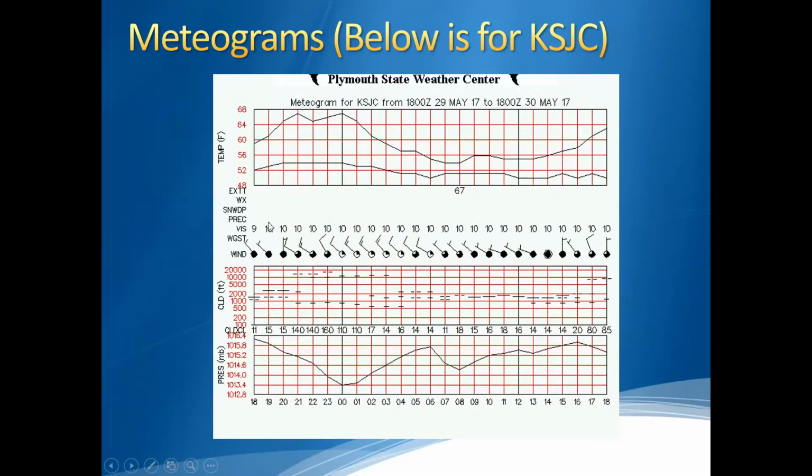This second panel is actually showing us three key things that we need to know. This top little area up here is showing any kind of precipitation that happened. The second panel is showing visibility. And then this third little area here is showing cloud cover, wind speed, and wind direction. And these are basically drawn using the same station model that we looked at all the way back in Module 1.